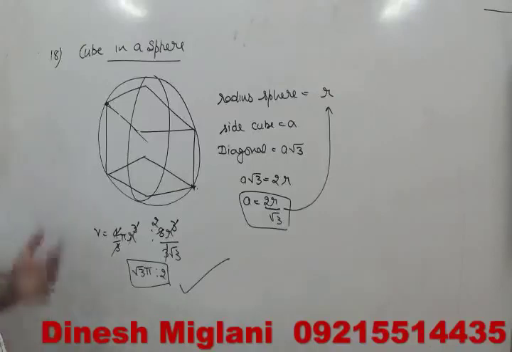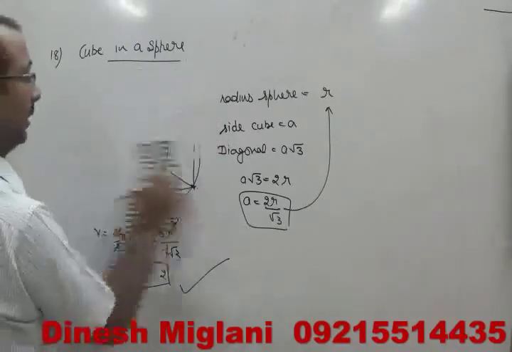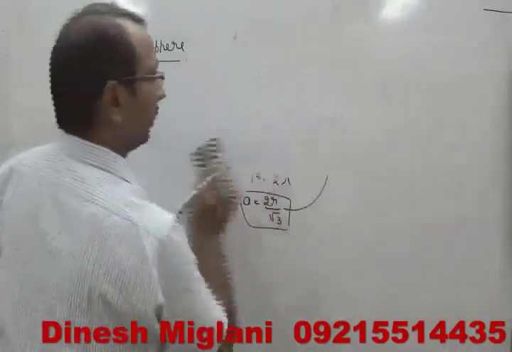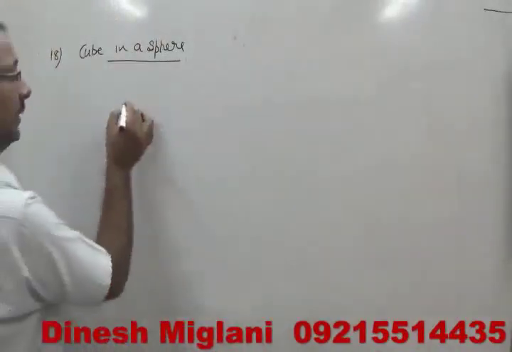Okay, let us change it. We have taken cube in a sphere, now we take a sphere in a cube, right? If I say sphere in a cube, what observation can we make? Let us say one sphere is given in this way.